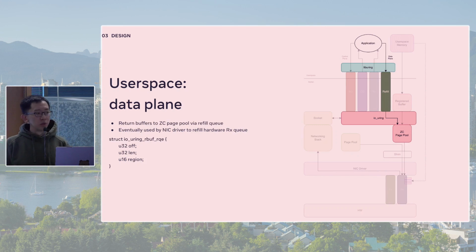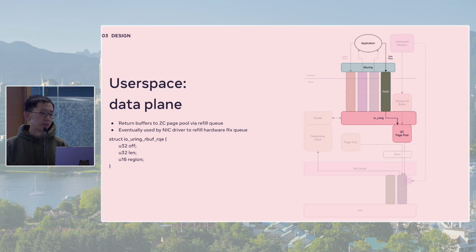After that, the application will use the data, do whatever it wants with it, and once it's done, it needs to return this data back into the kernel so that it can be refilled, so that the hardware RxQ can be refilled. And this is done by using that second new ring buffer that we added, called the refill ring.